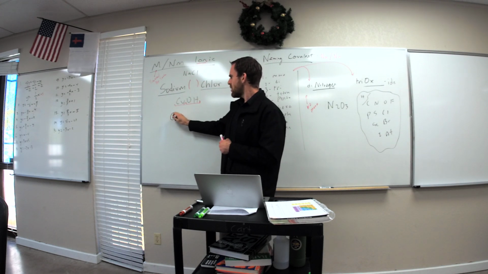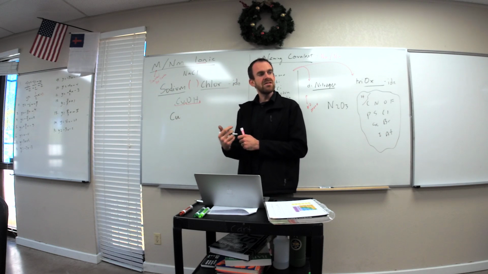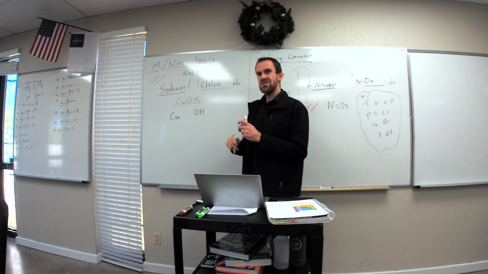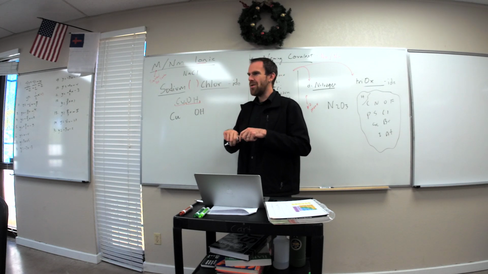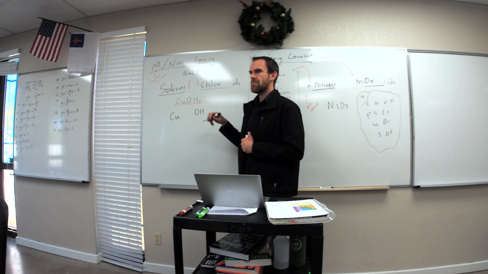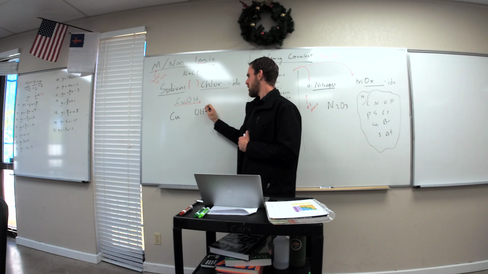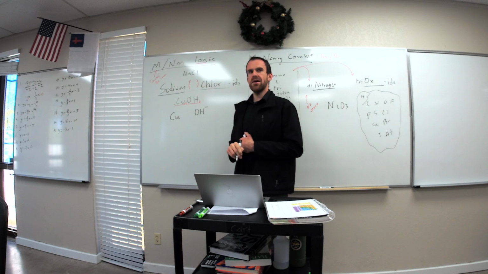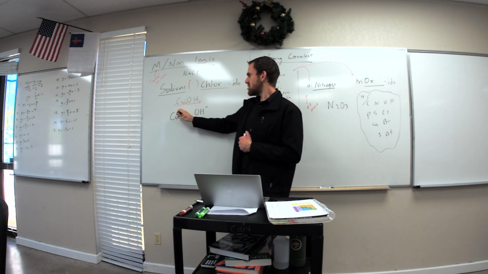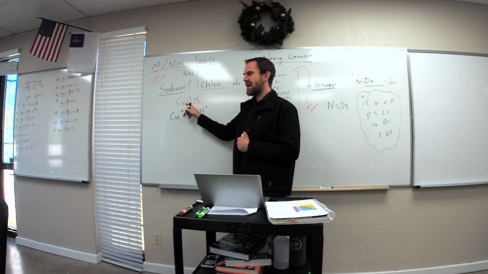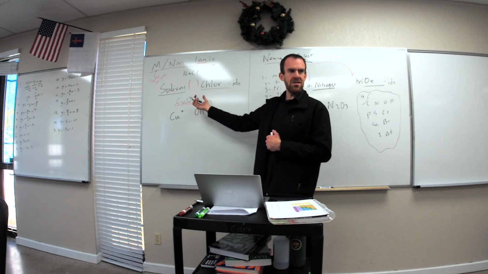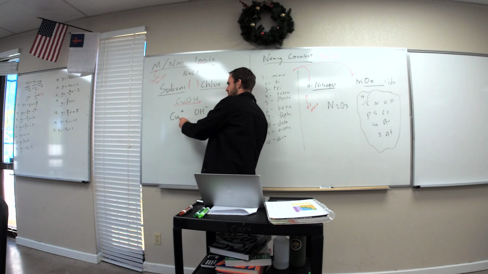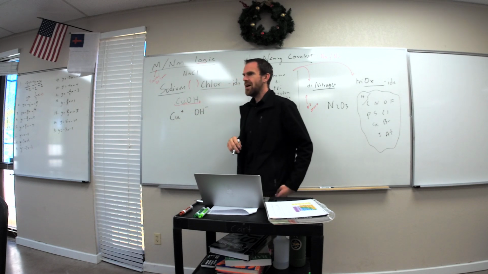So copper, we don't know what charge it takes because it's a transition metal. Hydroxide, from your memorization of life as you know it, takes what charge? Negative 1. So in this case, what charge is copper taking? Positive 1. Because in order to balance out, I have one copper and one hydroxide. The copper must equally balance the hydroxide. So it is Cu plus and OH minus.